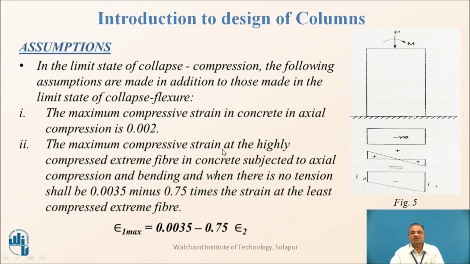Then the maximum axial compressive strain at the highly compressed extreme fiber, that means if it is subjected to axial load and uniaxial bending, in that particular case with no tension at the other end, the strain shall be 0.0035 minus 0.75 times the strain at the least compressed fiber.